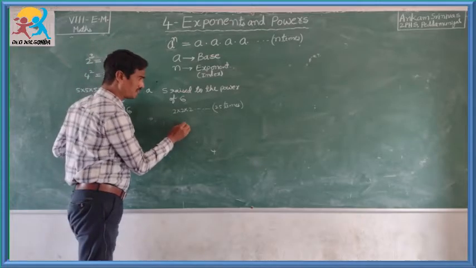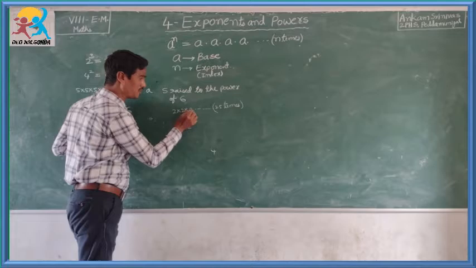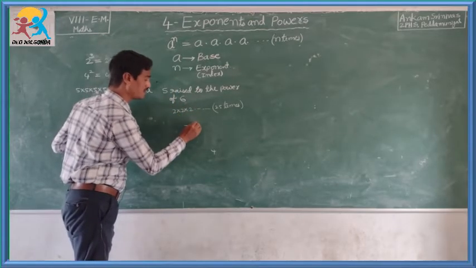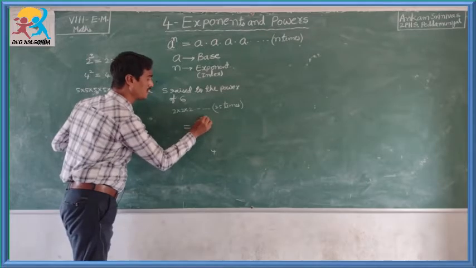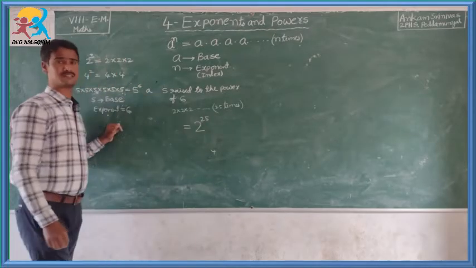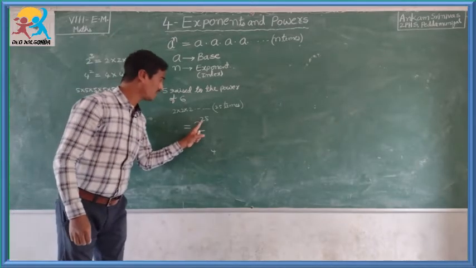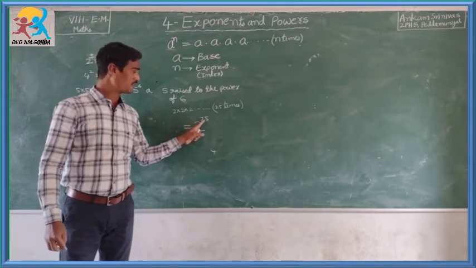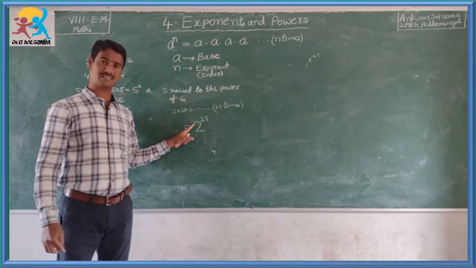To avoid writing this, where 2 is multiplied by itself 25 times, we can write 2 raised to power 25, 2 to the power of 25. So here 25 is the exponent and 2 is the base.